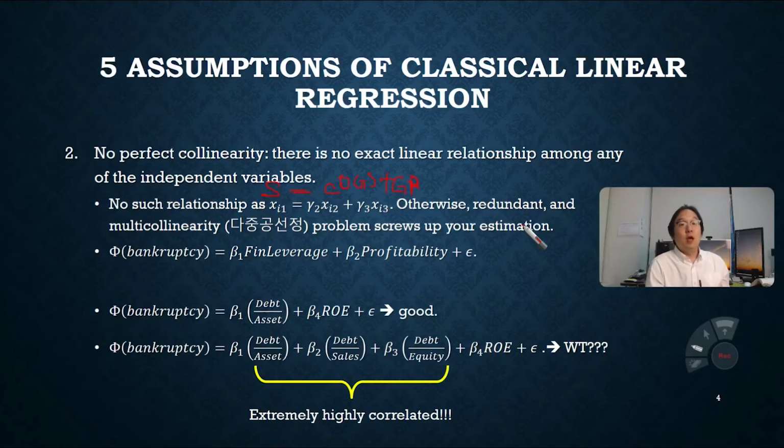Let's say we are trying to model a company's bankruptcy. The company's bankruptcy should be your dependent variable. More specifically, the bankruptcy outcome is just a 0, 1 outcome.